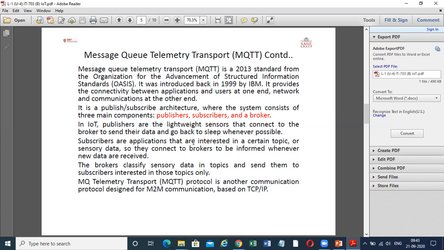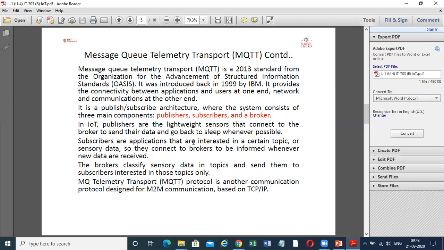The sensors are connected to the broker, and the broker will send data to the subscriber. The subscribers are applications that are interested in a certain topic or sensor data, so they connect to the broker to be informed whenever new data is received.